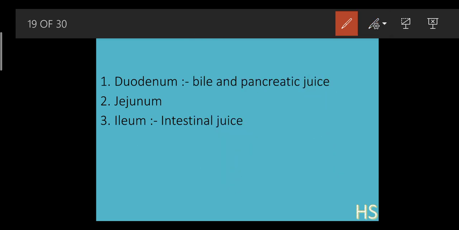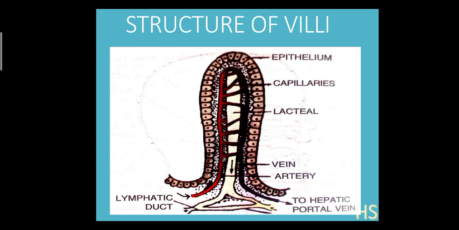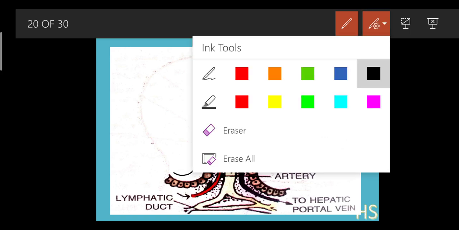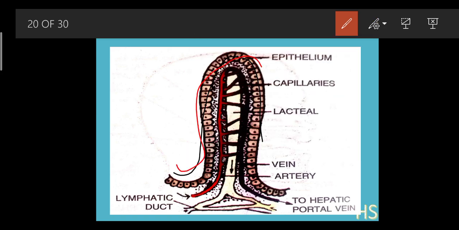Let's have a look at how it looks. This is the structure of a villus, which will give you a hint. The upper coating is made up of epithelium. We have studied the word epithelium in the tissue chapter. Inside that there are blood capillaries, that is arteries, veins and capillaries, and there is a third structure called the lacteal.